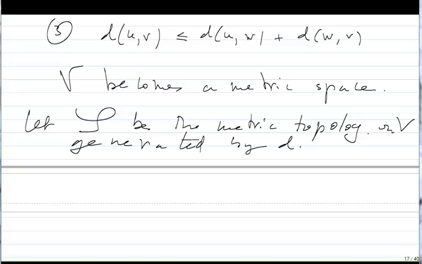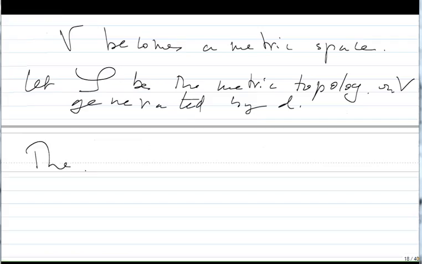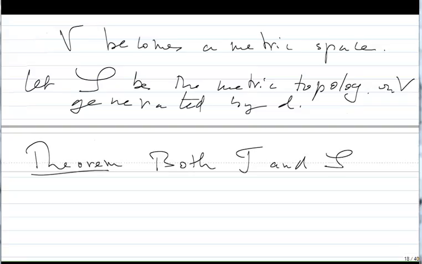Okay, and the beautiful result here, theorem, beautiful result. Both T and S are identical, and this is really beautiful, identical.